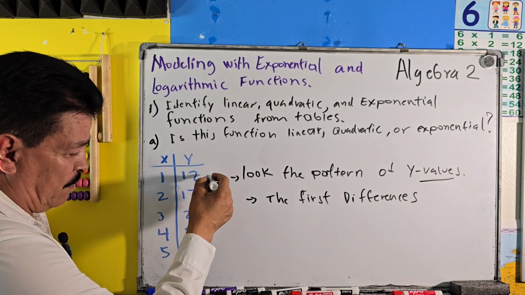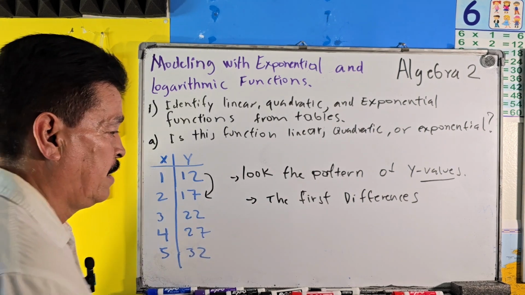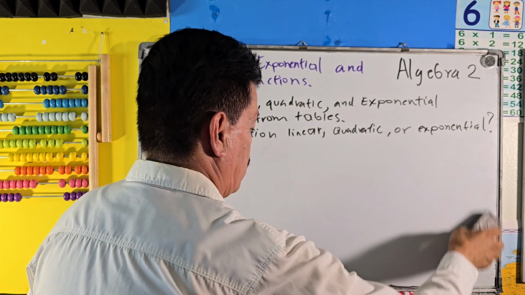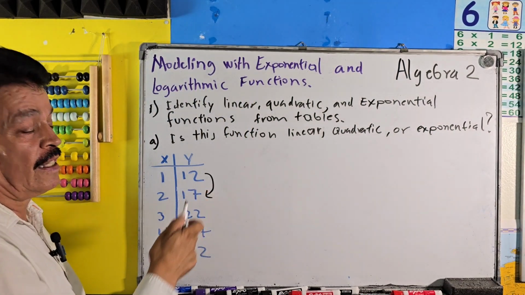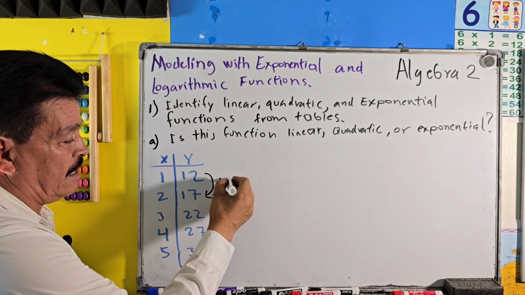First of all, from here to here, let's see. What is the pattern right here? From 12 to 17, how much is this? Here we added plus 5, right?